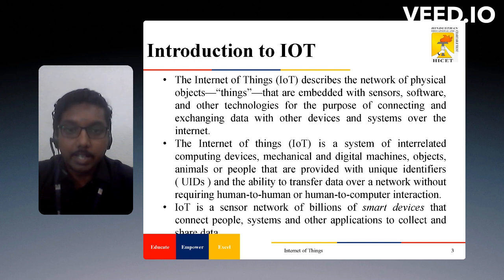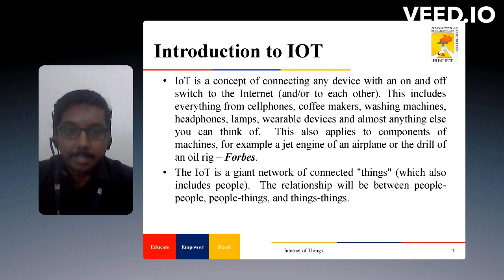With the help of IoT, all the devices around the world are interconnected. In this IoT concept, you can connect any device, whether it is in on state or off state. You can connect it, but with the help of the internet, so you need the internet facility to connect your devices.